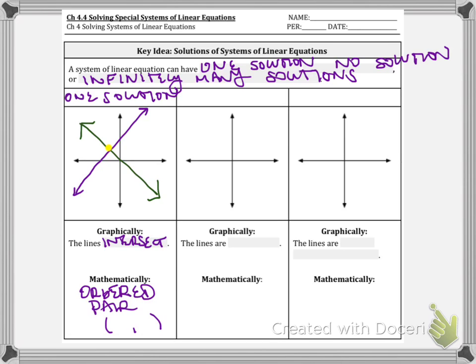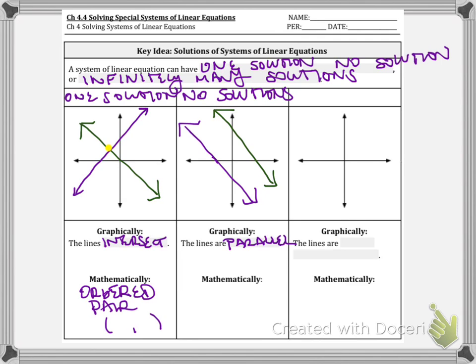So let's take a look at no solutions. No solutions is if you have two lines, and they are parallel. They will never intersect. So for no solutions, the lines are parallel.